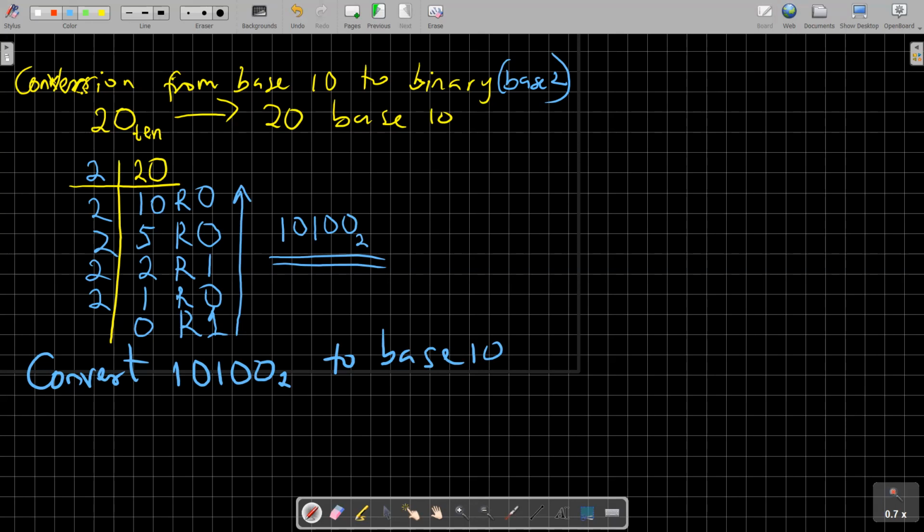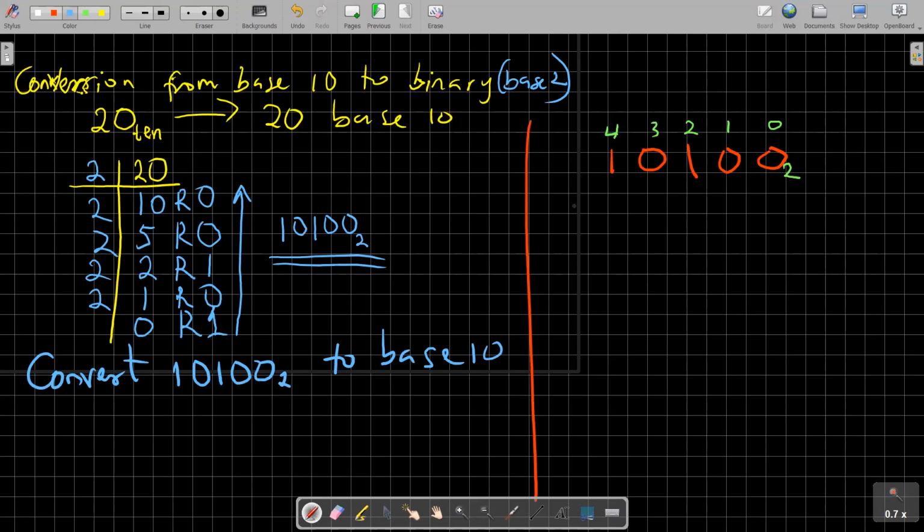If you're converting to base 10, this is the technique you're going to use. So listen very carefully. You write 1, 0, 1, 0, 0, and on top of it, call this 0, 1, 2, 3, 4. Once you're able to do that, remember, the base of this number is 2. So you're going to be using the index system to do that.